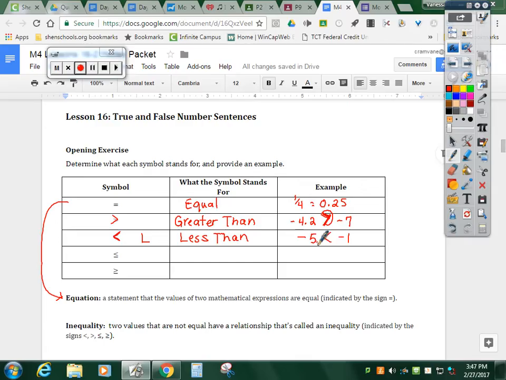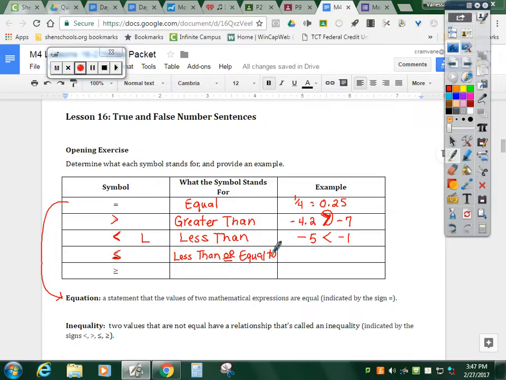Okay, these two are probably new. They're actually a combination of these two and this first symbol. Okay, this makes an L, so I know it's less than, and it also has a bar. This means less than or equal to. It can be one or the other.